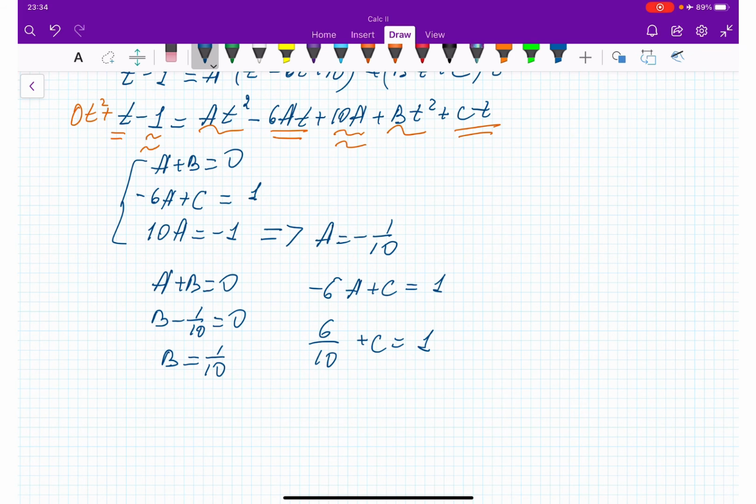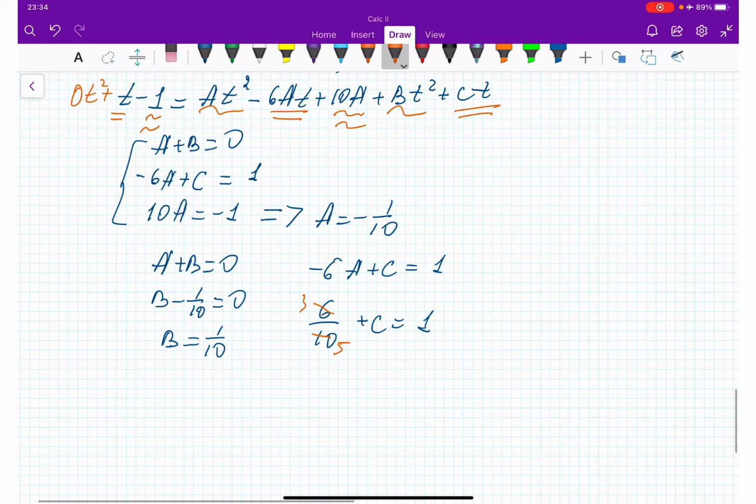I'm going to reduce this by 2: 3 over 5. And I'm going to get c is equal to 1 minus 3/5, which means c is equal to 2/5.